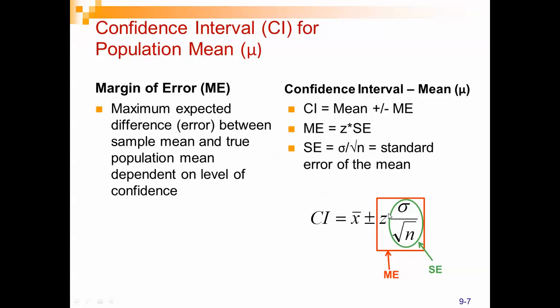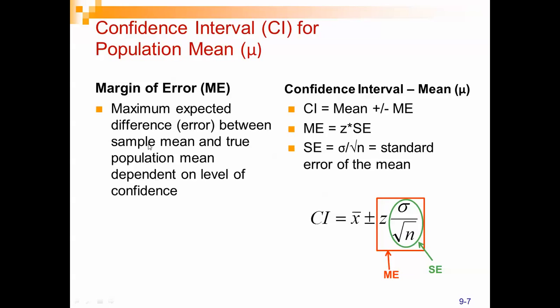Well, the standard deviation divided by the square root of n is equal to our standard error of the mean. And then when we add in the z-score times the standard error, we get our margin of error, and then when we add in the point estimate, we now have our entire confidence interval formula.